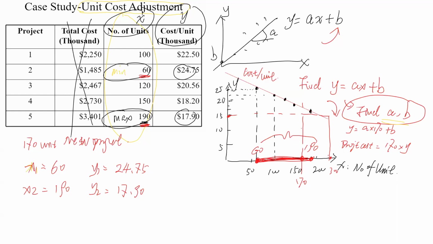Since we know this one and that one, we're going to solve y equals ax plus b. So how do we do it?